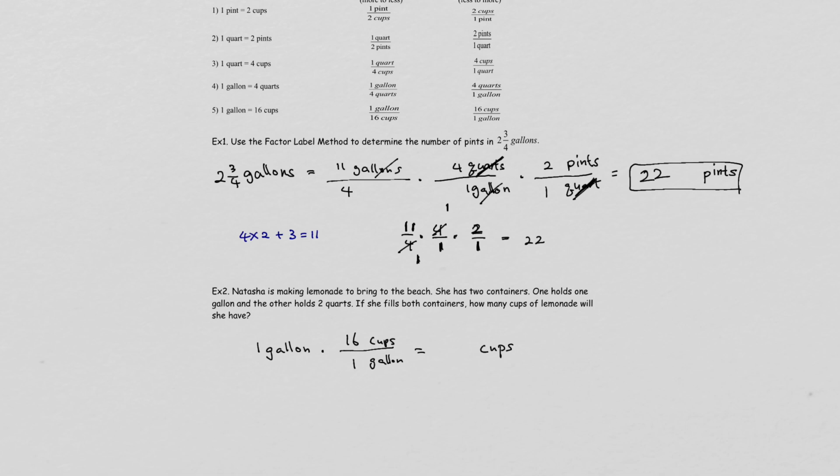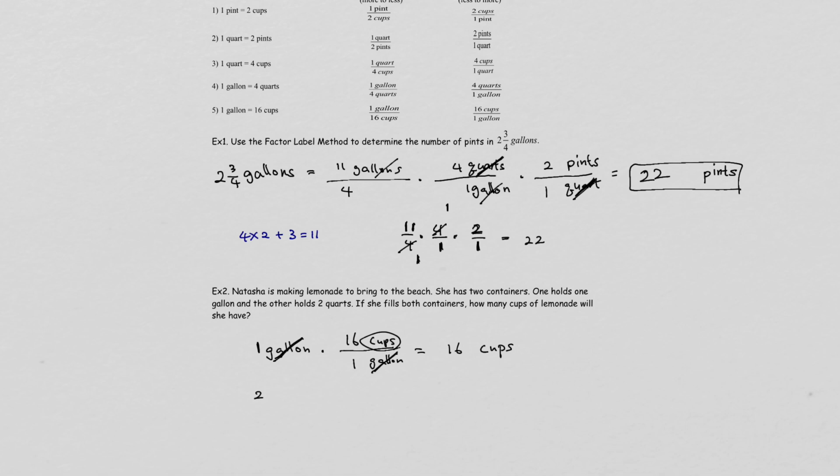That way the gallon in the numerator cancels out the gallon in the denominator. That's why you multiply 16 cups over 1 gallon instead of 1 gallon over 16 cups, right? Because the given gallon was in the numerator, you want to put gallon in the denominator so those two units cancel each other out and only give you the solution units. This means you're multiplying 1 times 16, so it will be 16 cups.